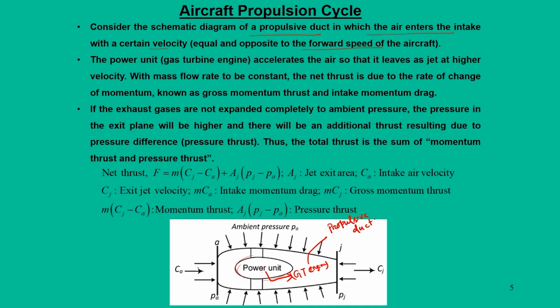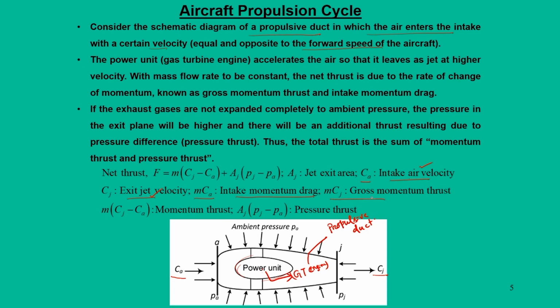If you take this entire unit as a single entity, air enters the duct at a velocity Ca, which we call the intake air velocity, and the combustion products leave at a velocity called the exit jet velocity. So, we have two velocities: one is the air velocity, the other is the jet velocity. m dot Ca stands as the intake momentum or drag; drag means it is the force experienced by this duct.